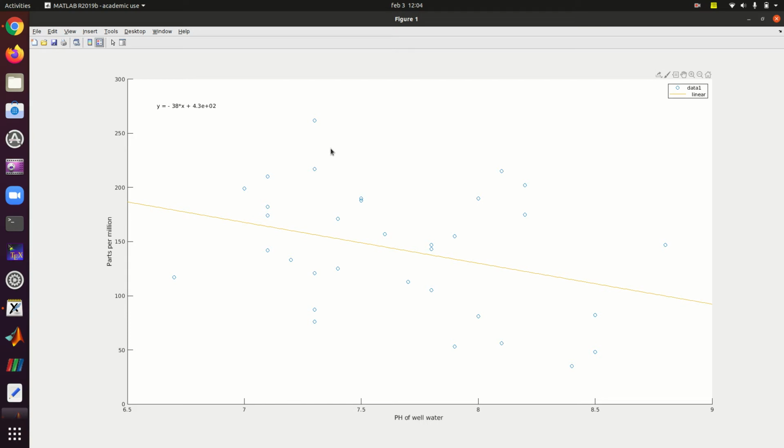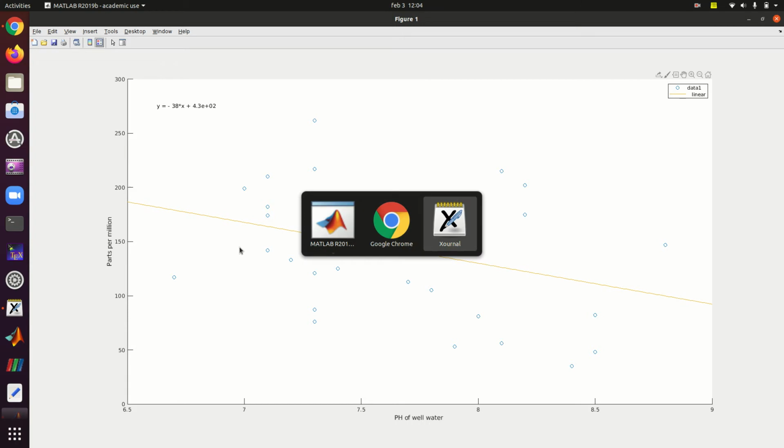So the linear equation here, which is describing this relationship, is y equals negative 38 x plus 4.3 times 10 to the power 2. So I want us to make some sense out of this. I've written it somewhere here.